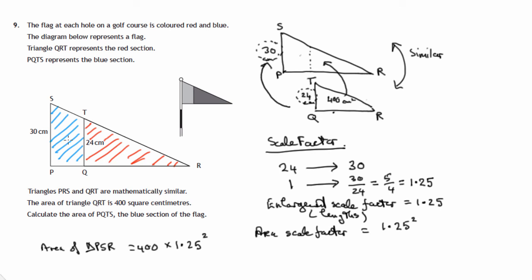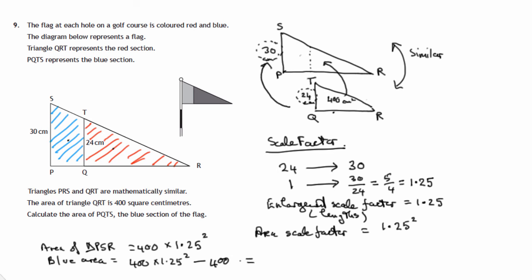So to get the blue area, we would have to take that whole area, the 400 times 1.25 squared, and chop off this red area, which is 400. So we take 400 away from that.